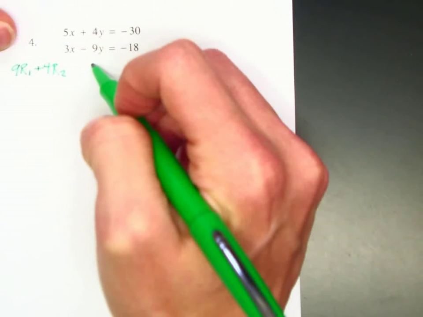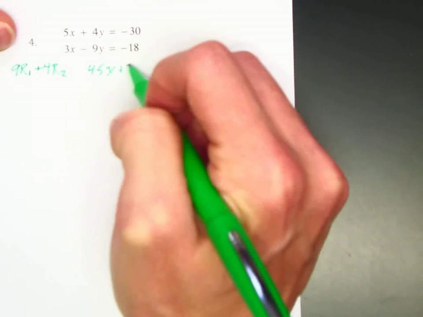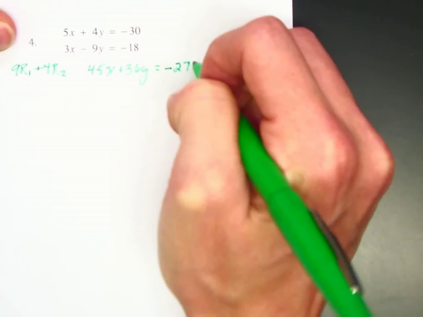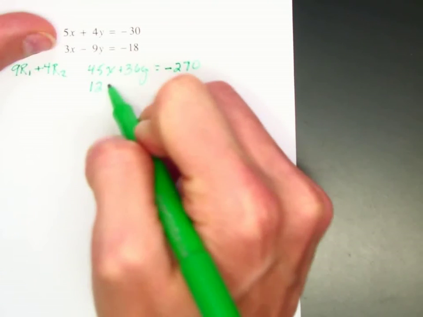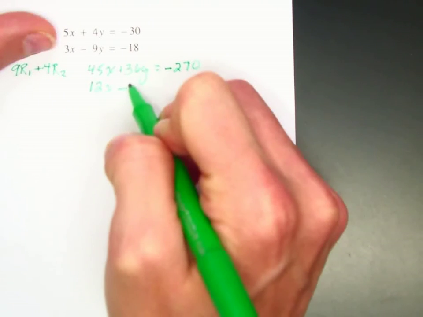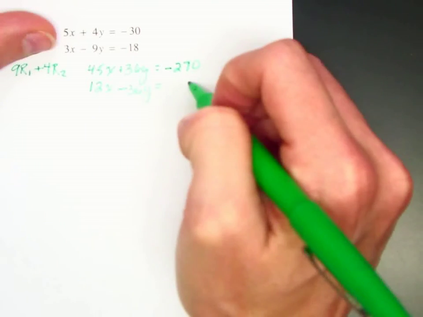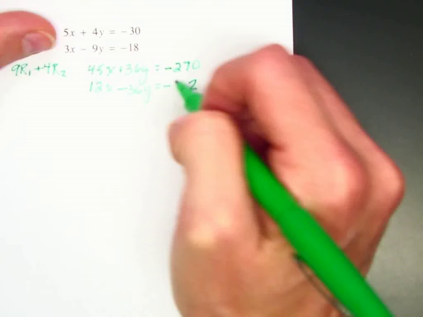So in the first row, we get 45x plus 36y equals negative 270. And the second row, we're going to get 12x minus 36y equals negative 72.